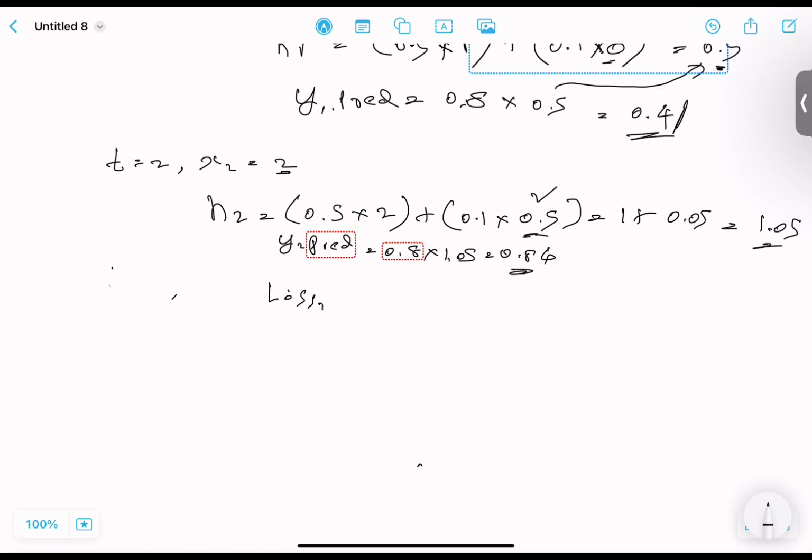So the loss of time step 2 will be 3 minus 0.84. Wait, I'll need a calculator to calculate this.